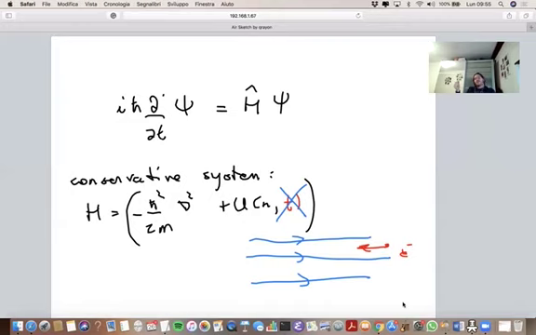Now let's suppose that instead the electron starts, but my potential energy changes with time. So for instance, I have an initial potential energy, I have my initial electric field, the particle slows down, and when it stops, I switch off the electric field. Then the particle is stopped, there is no more electric field, it's not going anywhere.